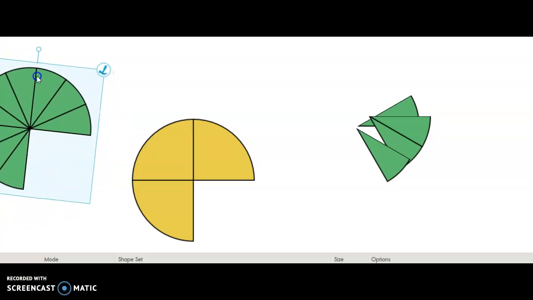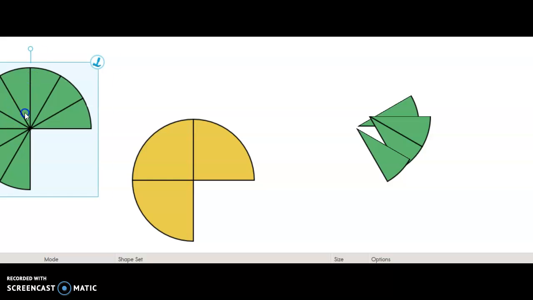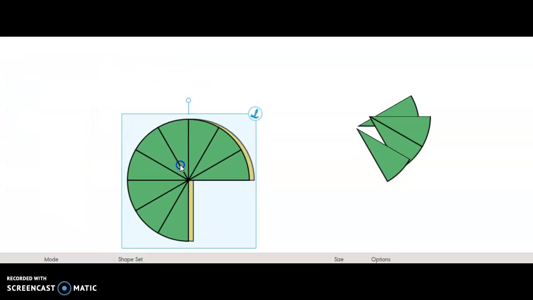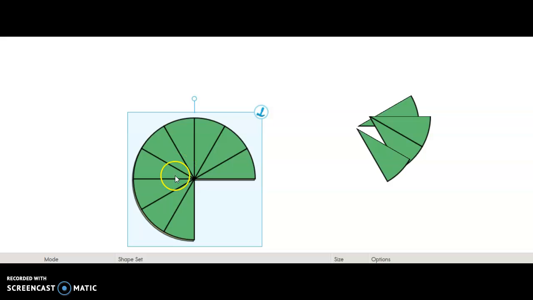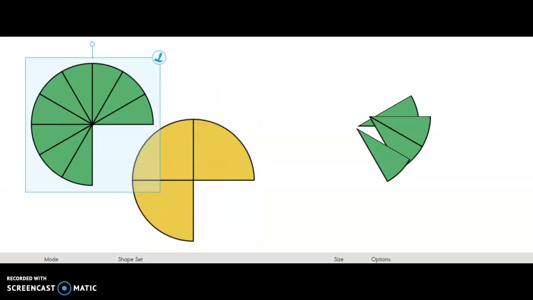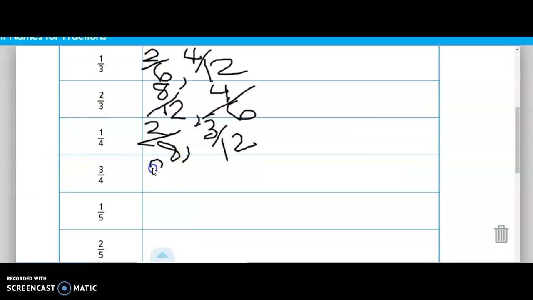And let's make sure. There we go. 1, 2, 3, 4, 5, 6, 7, 8, 9. 9/12 is going to be equal to 3/4. And we said we also knew that 8ths was going to be equal to it.